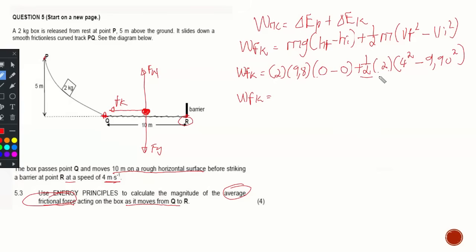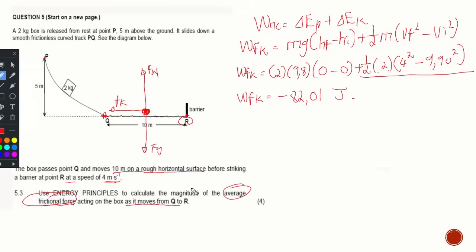So that means this is the part that you're going to calculate. That's half times 2, and then bracket 4 squared minus 9.90 squared. All of this will give us negative 82.01 joules, right?